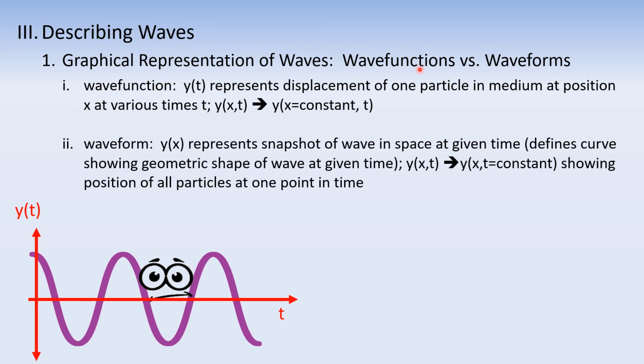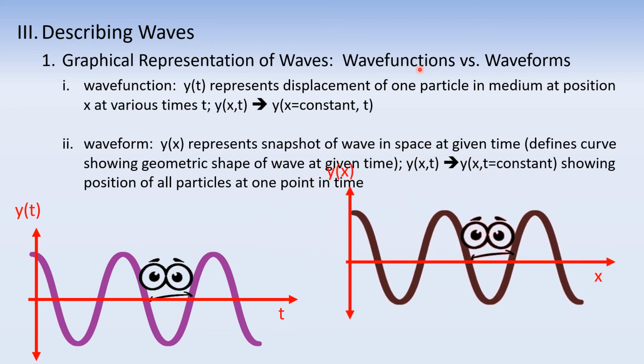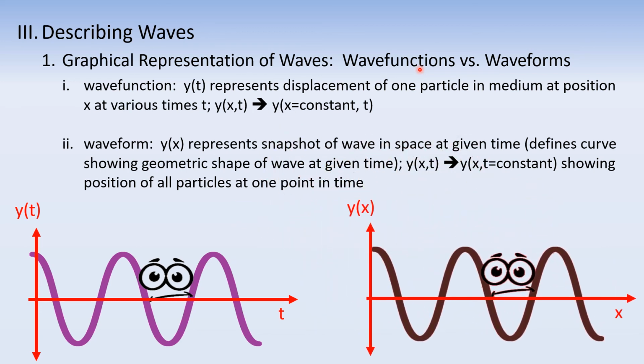Let's contrast that with a waveform. Notice our y-axis is the same, but our horizontal axis shows a spatial coordinate x. What our waveform shows is the snapshot of a wave in space at a particular point in time.